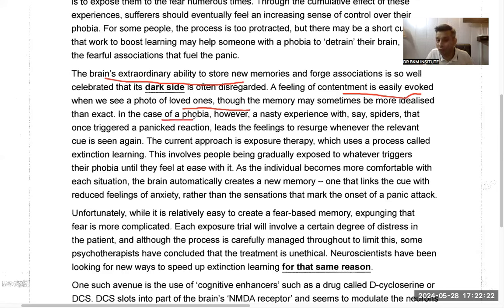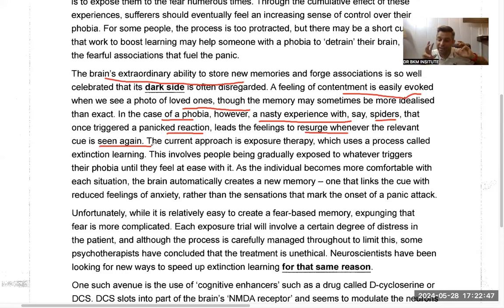In the case of a phobia, however, a nasty experience with, say, a spider, suppose you are scared of spiders, so you had a bad experience with a spider, that once triggered a panic reaction, leads the feeling to resurge when the relevant cue is seen again. So they are saying that that is the problem with the brain, that if something happens, you remember it.